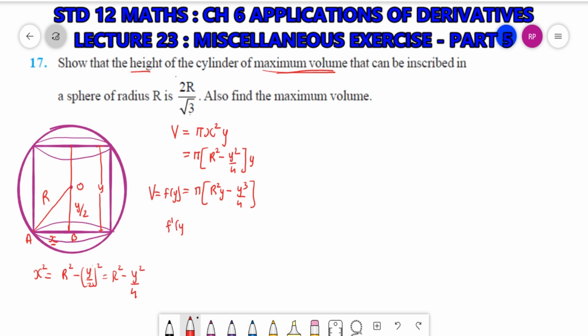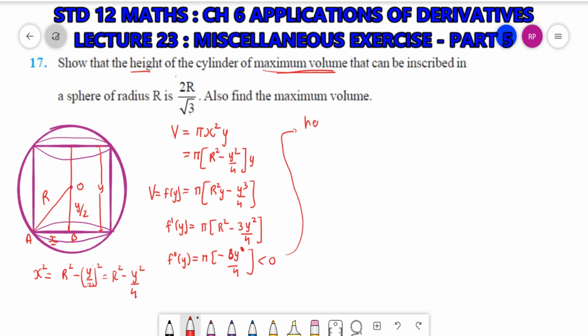So f dash y will be equal to pi r square minus 3y square by 4, and f double dash y will be equal to pi r square, that's constant, so 0, minus 6y by 4. So obviously it is having a negative sign, so this is less than 0.